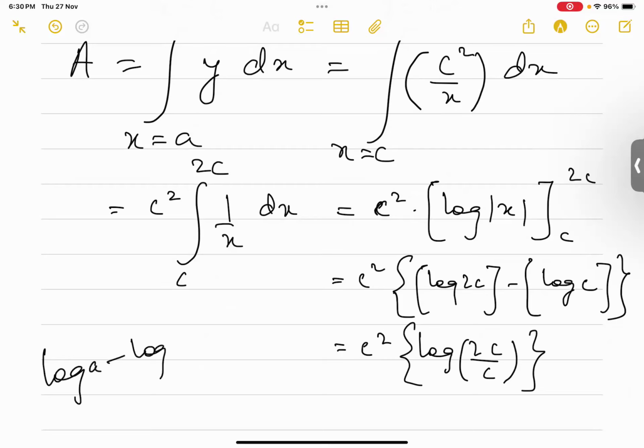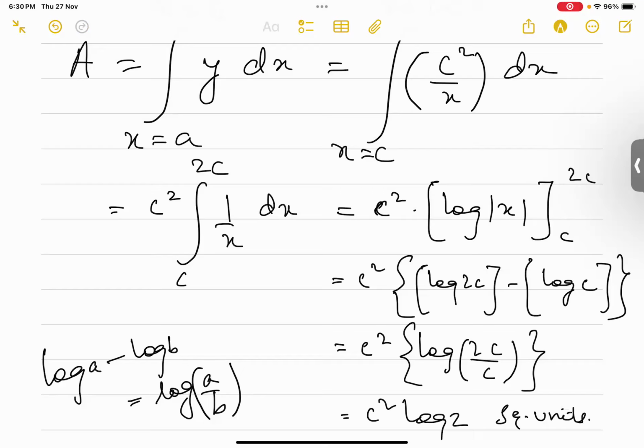Log A minus log B is equal to log A upon B. We'll consider natural log. So C square gets cancelled, giving log 2 square units. If you are finding anything confusing, please let me know, I'll explain.